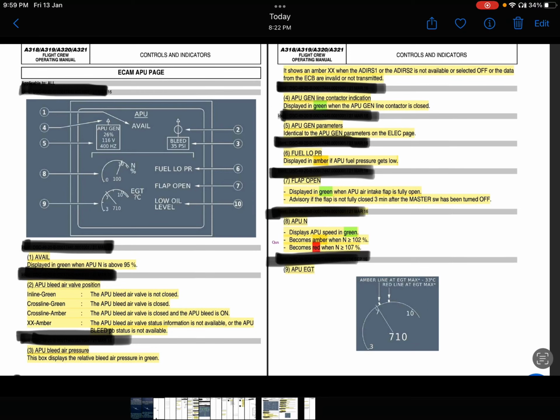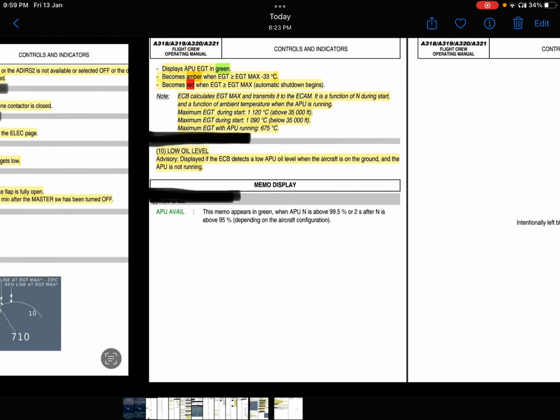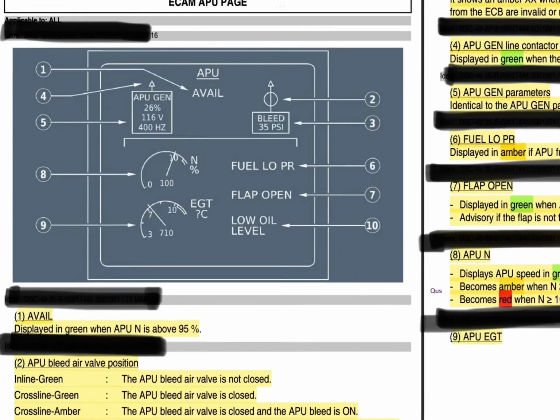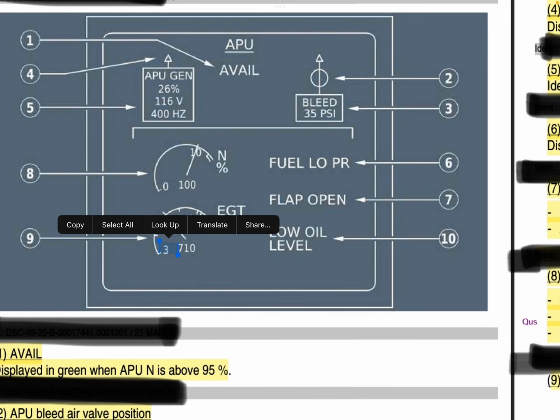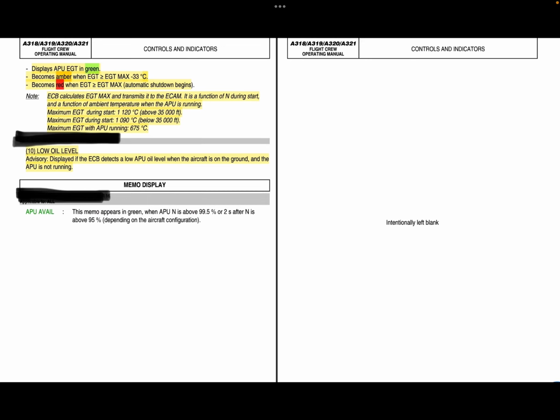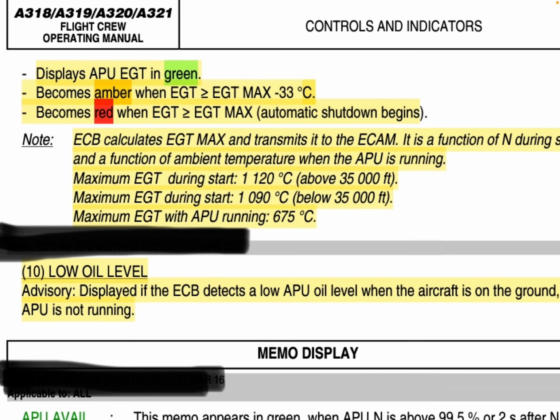What are the EGT limitations for the APU? When you are starting an APU below 35,000 feet, your maximum EGT should not exceed 1090 degrees Celsius. It is an important limitation. When you are above 35,000 feet, it should not exceed 1120 degrees Celsius.